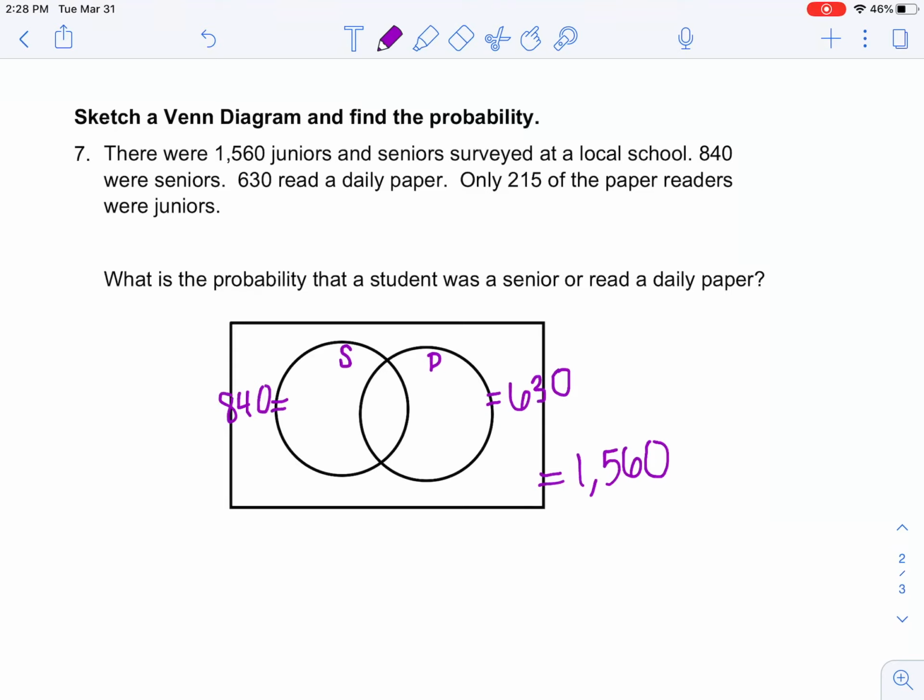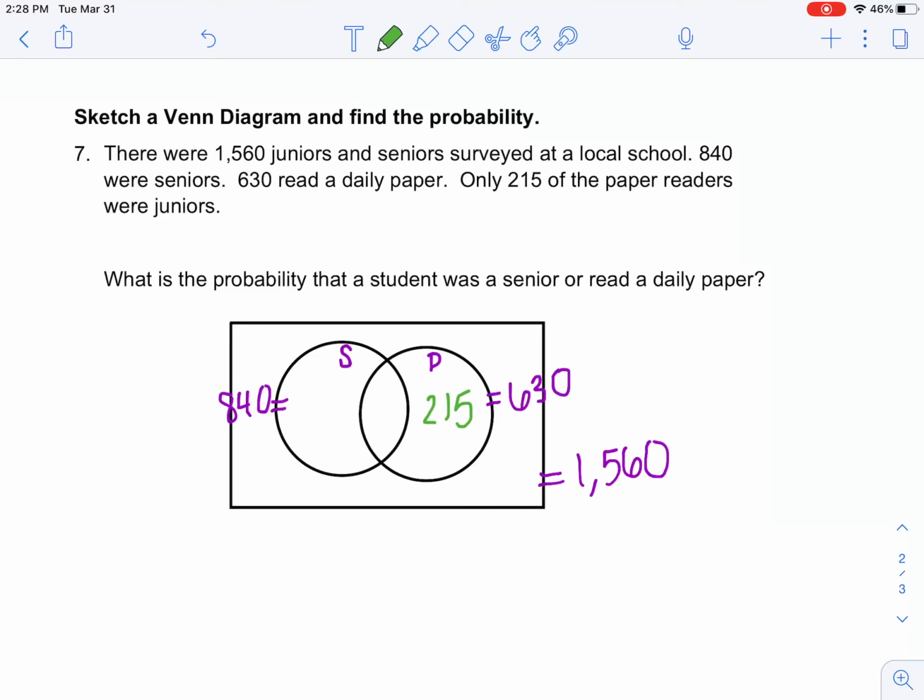Okay, so for this part, that means that if they're juniors, we don't want to overlap it with our senior circle. So that 215 should go over here, because if they're not seniors, then we know they must be juniors. So that's why we're putting that in the outer part of our P circle.